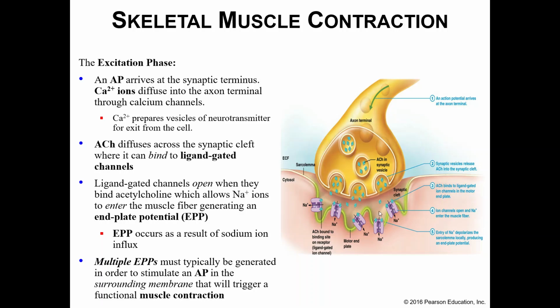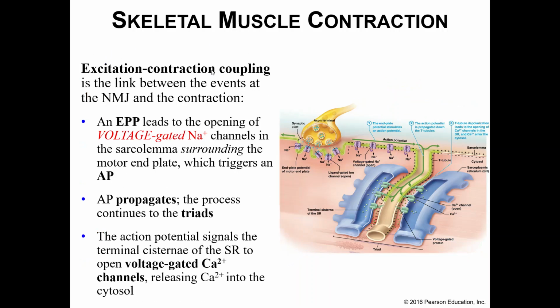Ligand-gated sodium channels open up, sodium diffuses into the cell, creating an end plate potential. If we allow enough sodium to come into this cell, we will create an action potential. If we have enough EPPs, we will create an action potential. So that is your excitation phase.